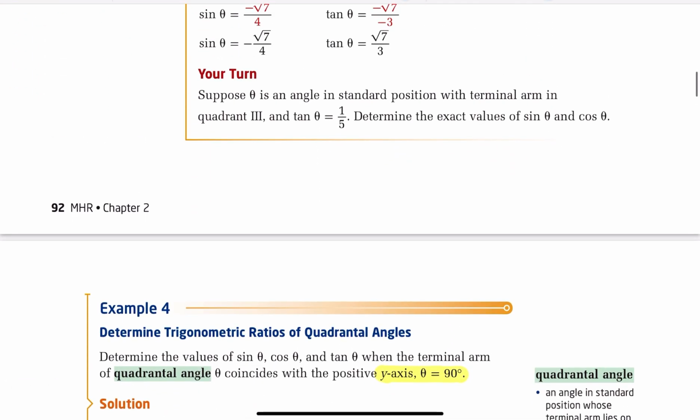So determine the value of sine theta, cos theta, and tan theta when the terminal arm of a quadrant angle theta coincides with the y-axis, with 90 degrees. Very important question, and it is a little bit tricky. So you draw your x and y axis, and they are telling me that my angle is here.